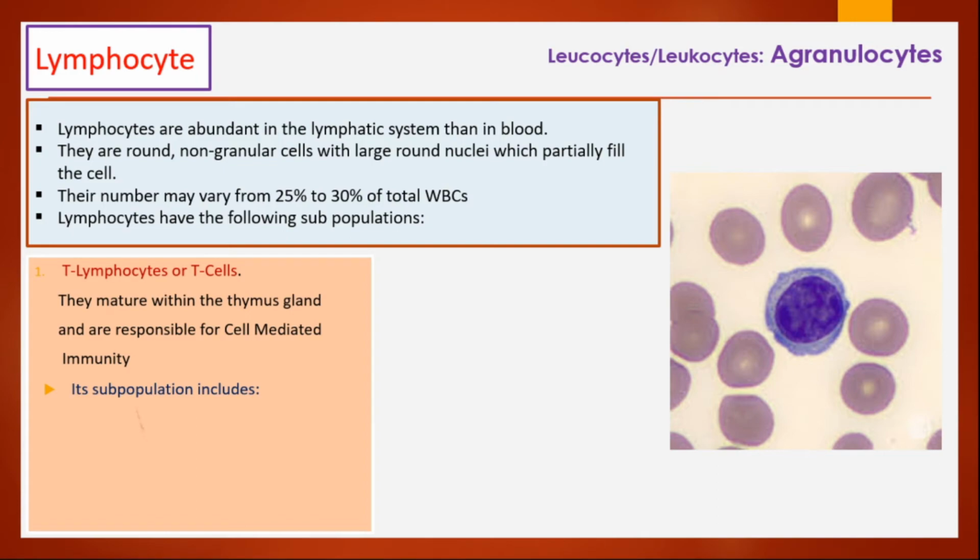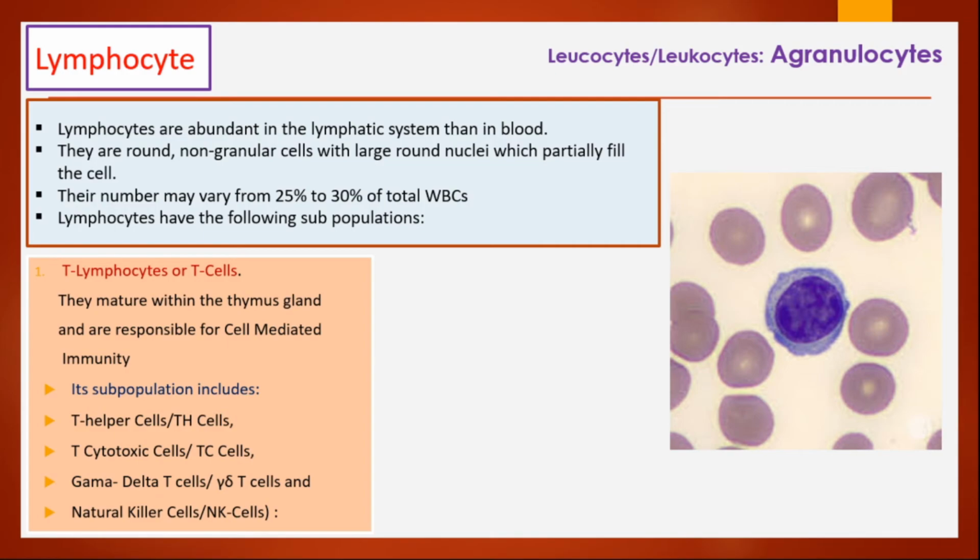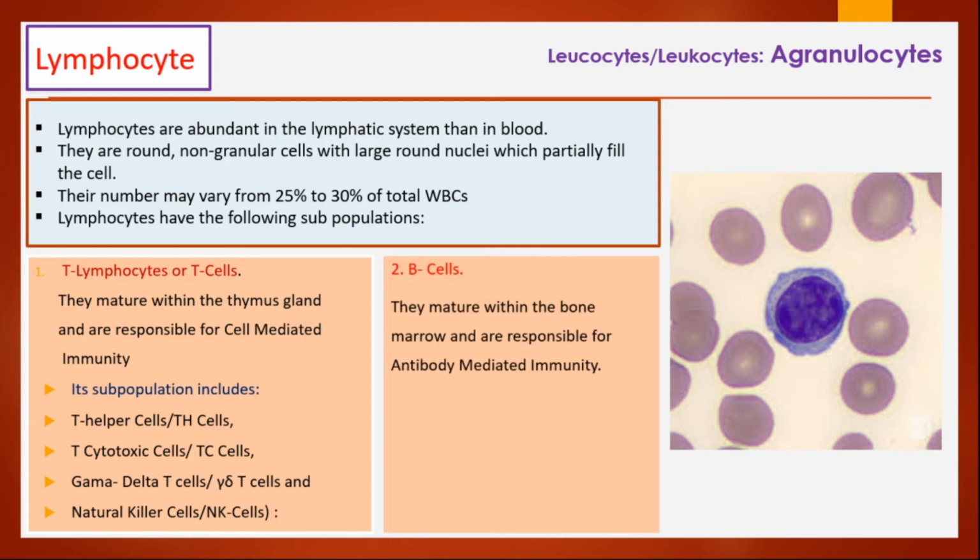They have the following subpopulations: T helper cells or TH cells, T cytotoxic cells or TC cells, gamma delta T cells, and natural killer cells, also known as NK cells. The second subpopulation is B cells. They mature within the bone marrow, hence the name B cells. B cells are responsible for antibody-mediated immunity.